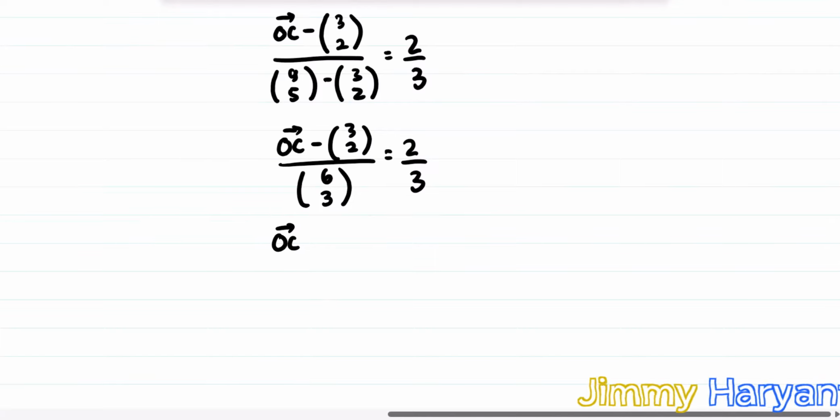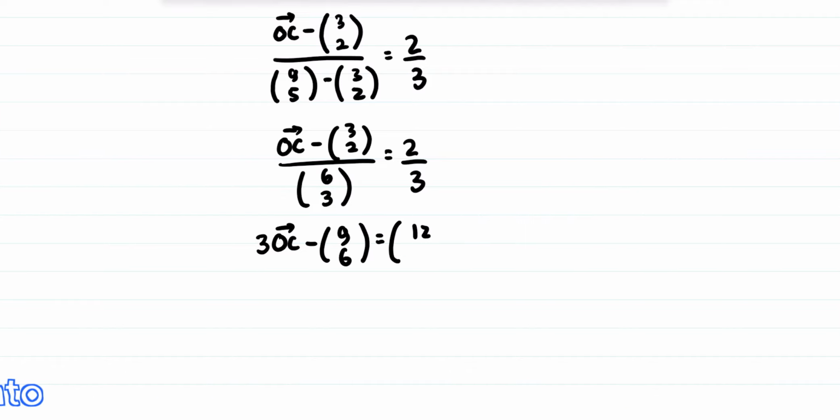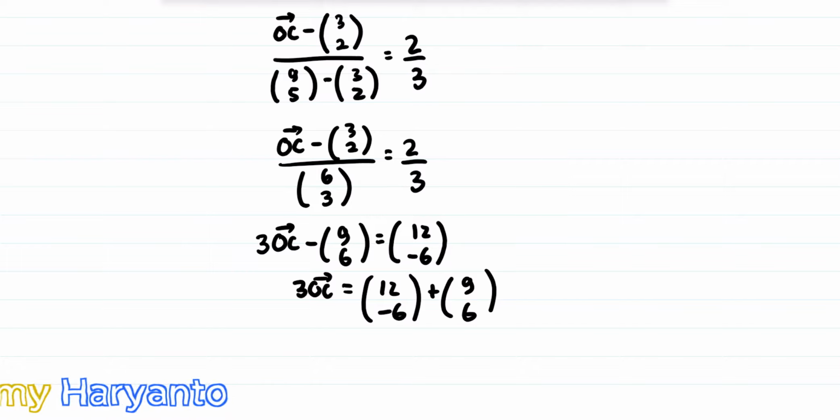That means 3OC minus (9, 6) equals (12, -6). So 3OC equals (12, -6) added with (9, 6).